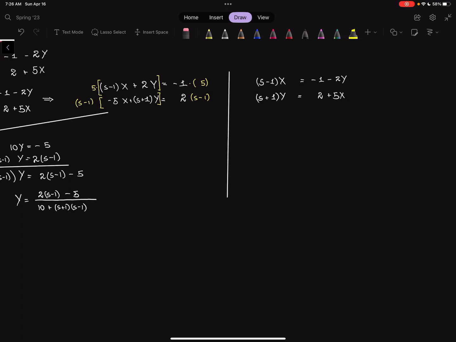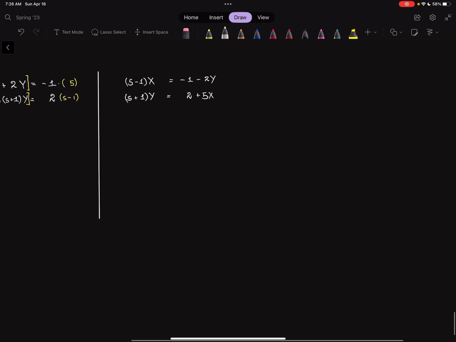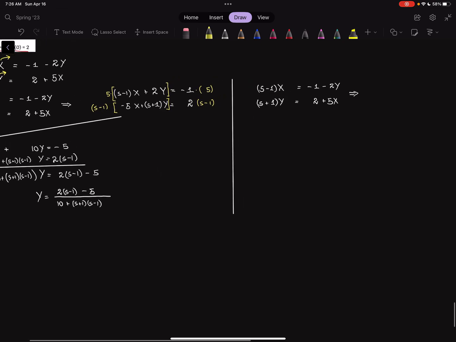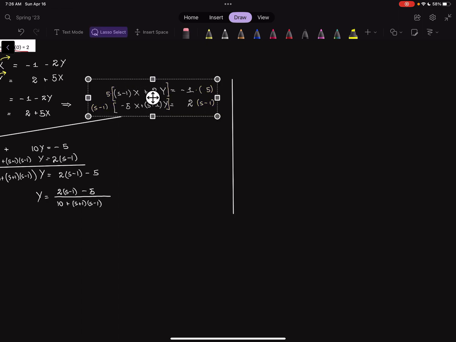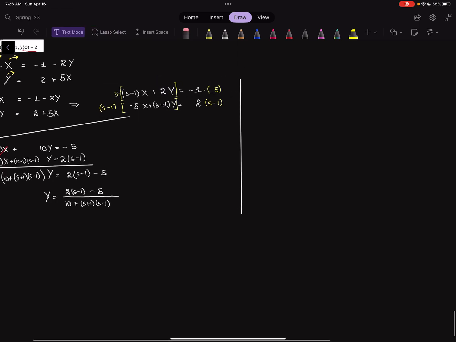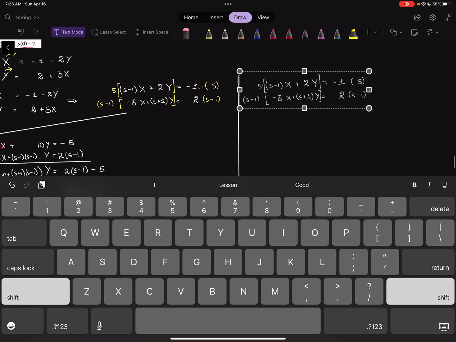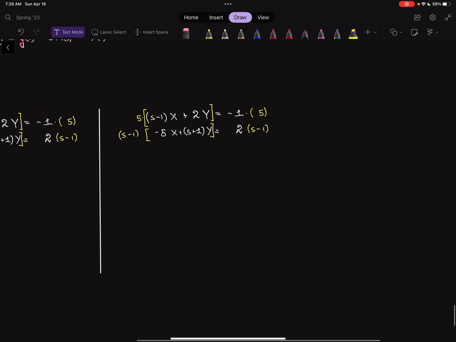Actually, I want to copy a different thing. I want to copy the next step. So let me copy this step right here and paste it.